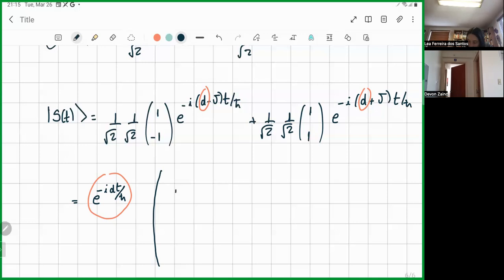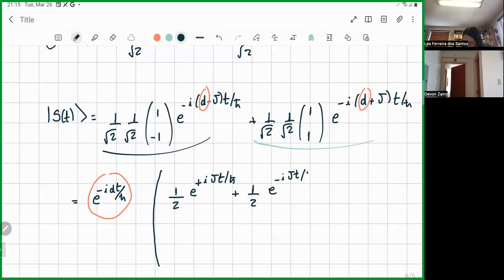1/2 survived. Now for the top element, in the first case, I have e plus i J t over h bar. For the second part, I have exponential minus i J t over h bar.